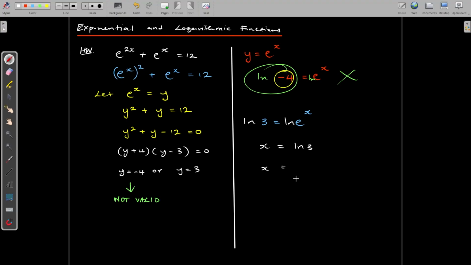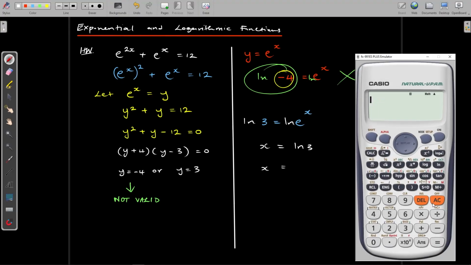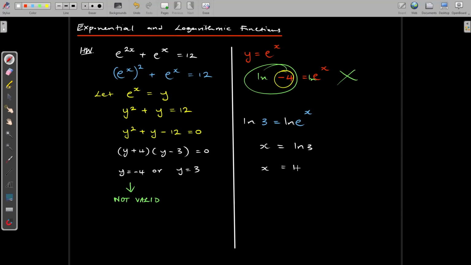Well, it all depends. If the question asks for the exact solution, we would just leave it as ln 3. However, if it wanted a decimal equivalent, ln 3 would be 1.1, and that would be your answer. So that is how we would tackle one of these questions.